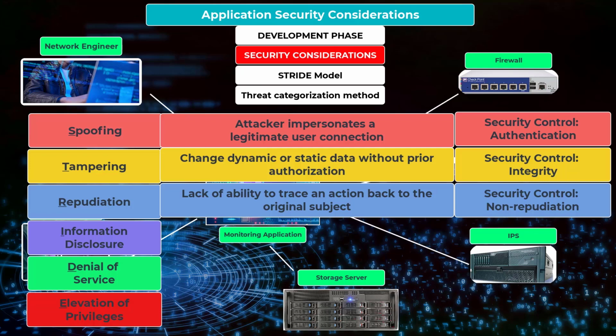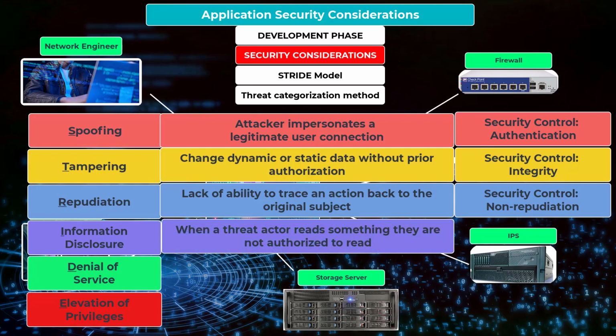Very important. The I in STRIDE stands for information disclosure. We all know what this is, right? It's a break in confidentiality, when a threat actor reads something they are not authorized to read. That's another way to think about it.